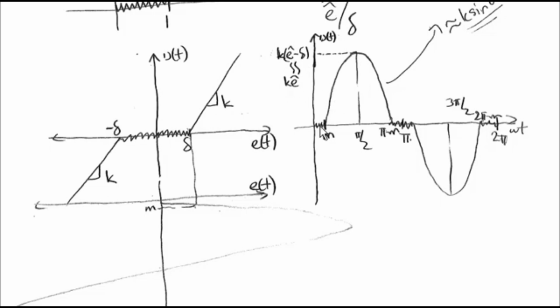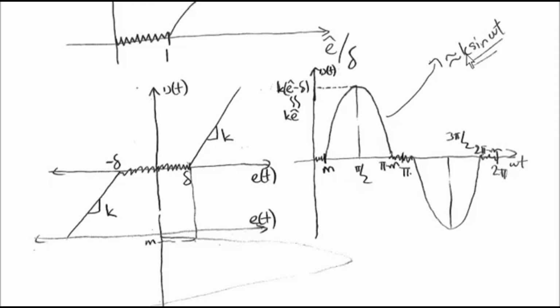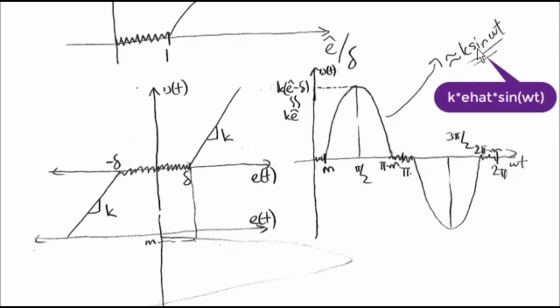So when e hat goes to infinity, this m is going to go to 0, and I would almost have a pure sinusoid, which I can express as k times e hat times sine omega t. There has to be an e hat here; there is a missing e hat.